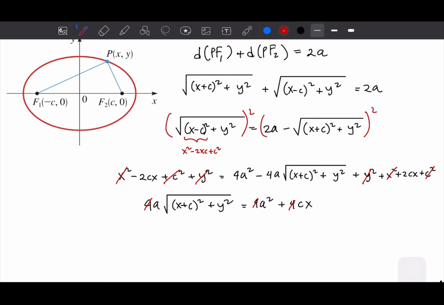And then squaring each side again. So this will be a squared times (x squared plus 2cx plus c squared plus y squared). Okay.